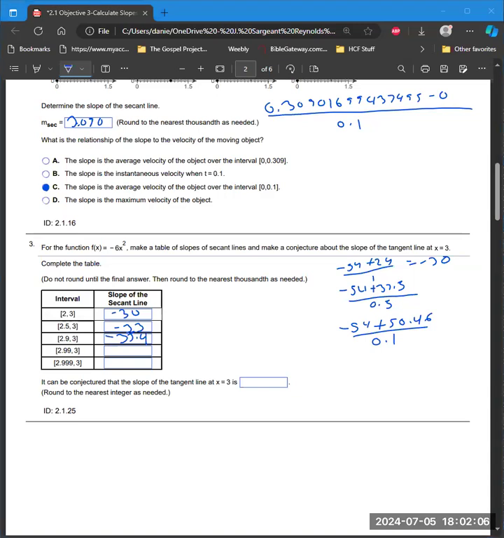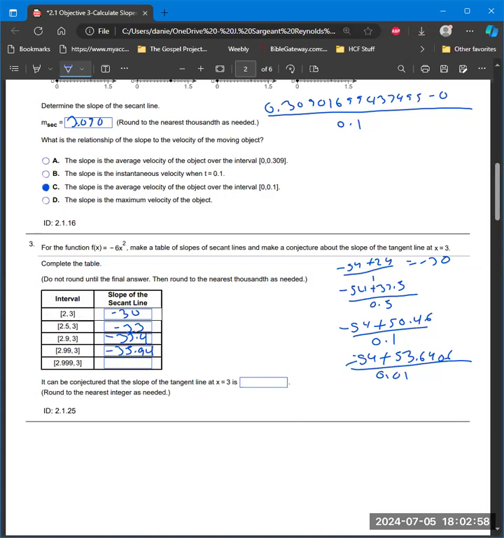And we have, sorry, this is negative 54 plus 53.6406 over 0.01, which is negative 35.94.